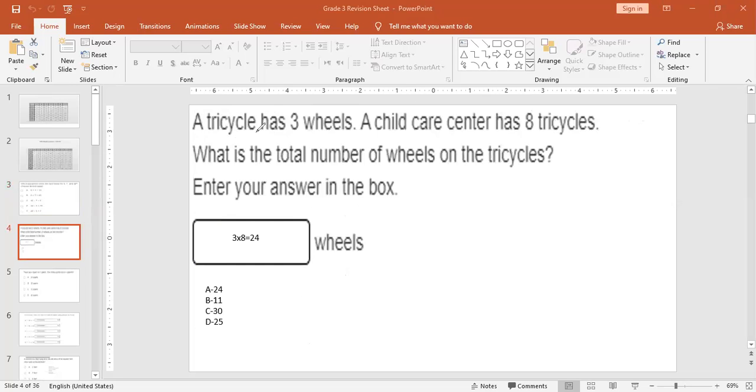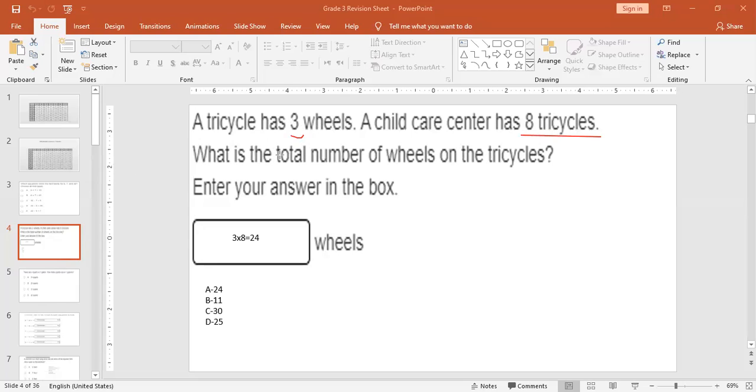A tricycle has 3 wheels. As I said before, when I solve a word problem, I extract numbers. How do I do this? How do I extract numbers? I take it here. A tricycle has 3 wheels, so the first number is 3. A child care center has 8 tricycles, so the second number is 8 tricycles.